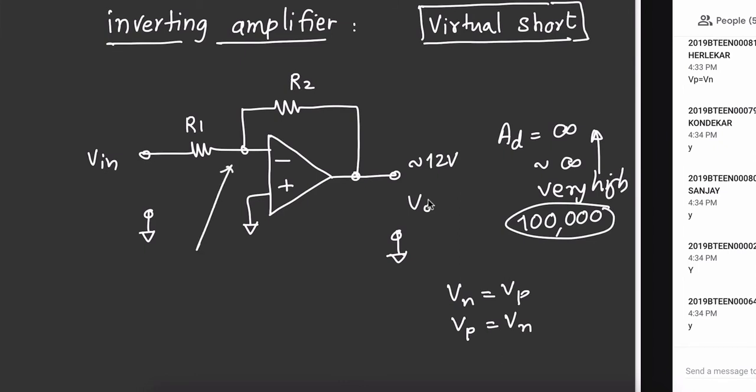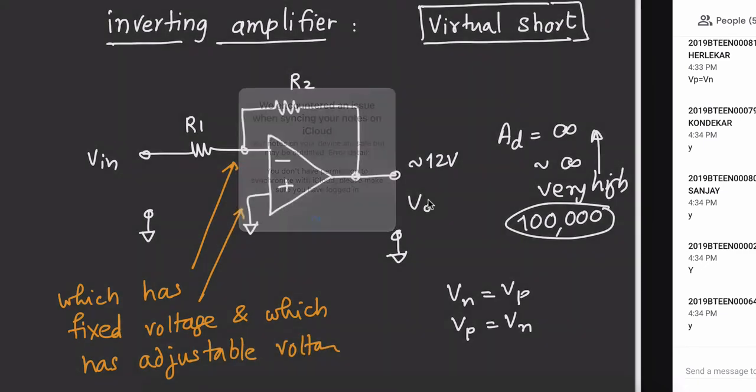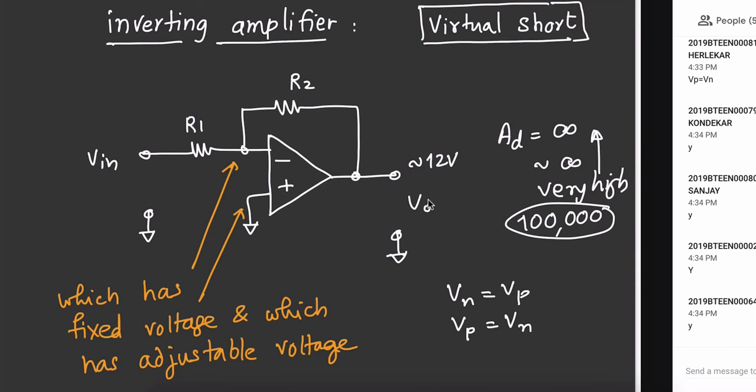Out of these two terminals, this one and this another terminal, which has a fixed voltage and which has an adjustable voltage? Which terminal has a fixed voltage?